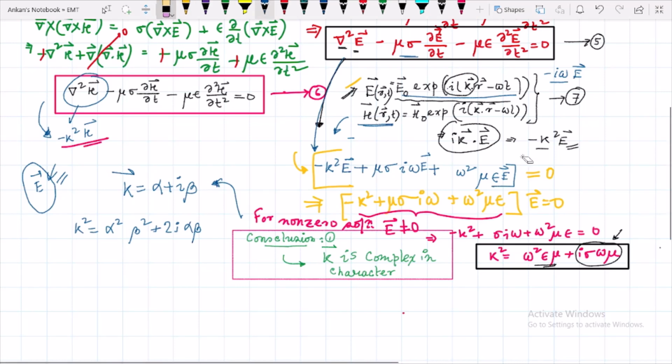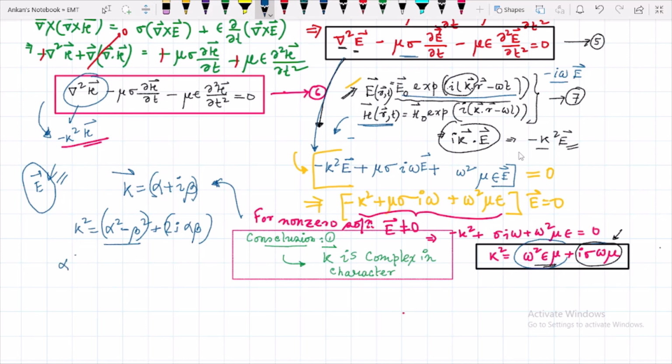Why? Because I am taking the whole square term, so there will be a negative sign here. The first parenthesis involves the real part and the second parenthesis involves the imaginary part.